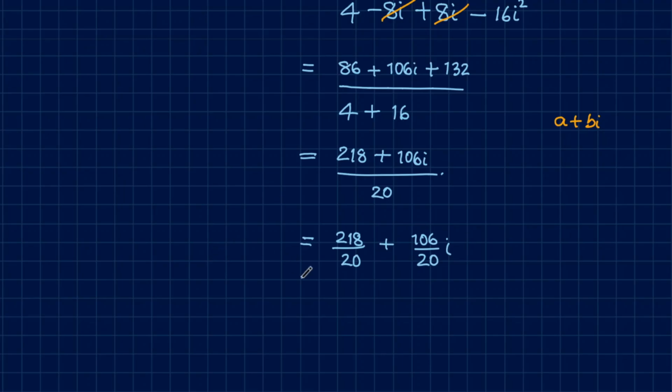Now if we enter this into the calculator and make it in maybe mixed fraction, we get here 10 whole number and 9 over 10. So plus the other part is 5 whole number and 3 over 10. And that is also i. So that becomes our answer for part D of question number 3.